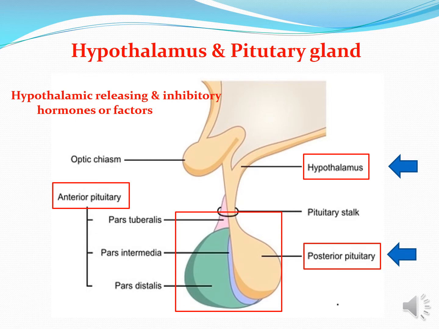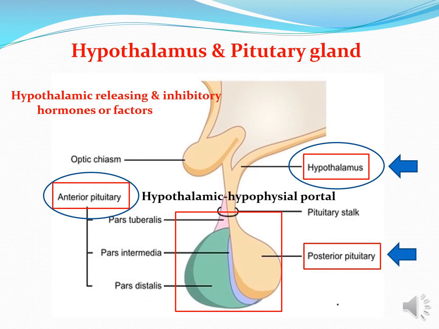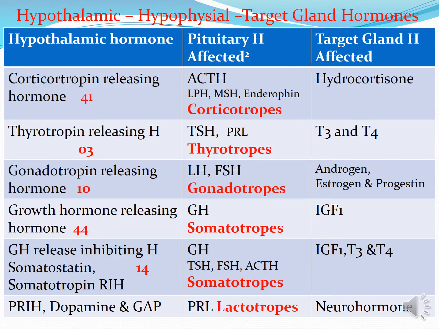They are secreted by the hypothalamus and pass to the anterior pituitary through the hypothalamic hypophyseal portal system. The release and in some cases production of each of the pituitary hormones are under tonic control by at least one hypothalamic hormone.